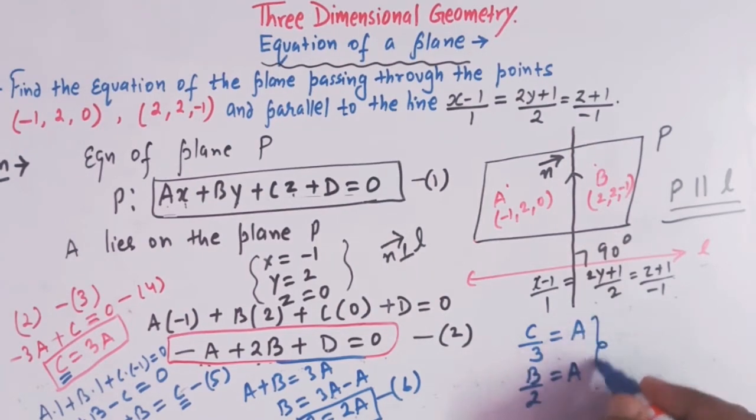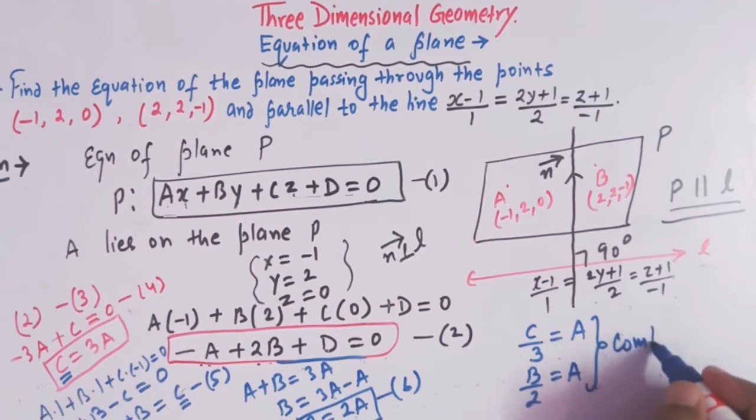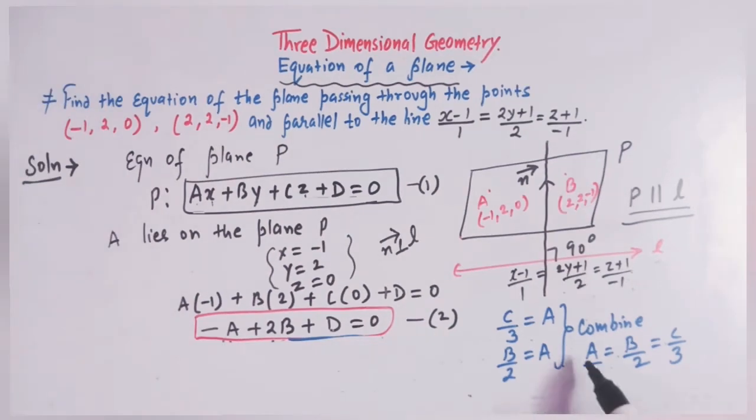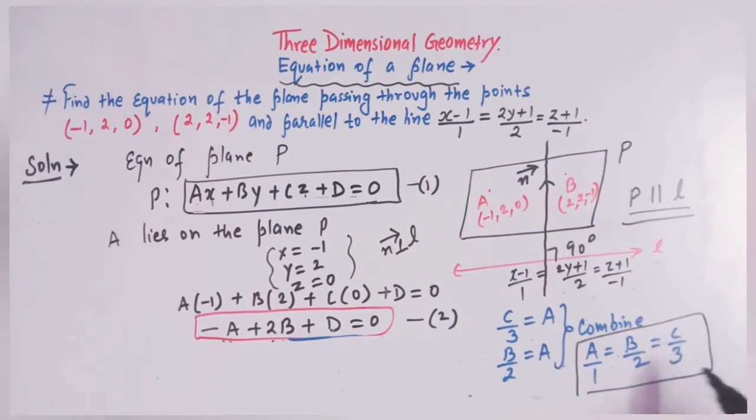And now if we combine these two equations, then we can write a is equal to b over 2 is equal to c over 3, right? And a can be written as a over 1, right? So now we have this equation, right? So a over 1 is equal to b over 2 is equal to c over 3.